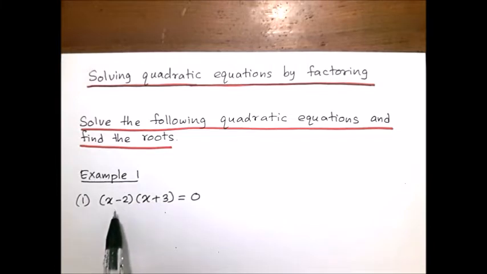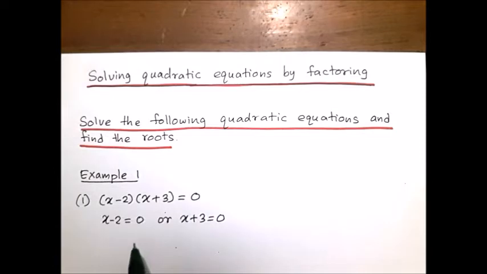If the product of two numbers is 0, then at least one of the numbers should be 0. So here x minus 2 equals 0 or x plus 3 equals 0. If x minus 2 equals 0, you can find the value of x by taking minus 2 into the right side.